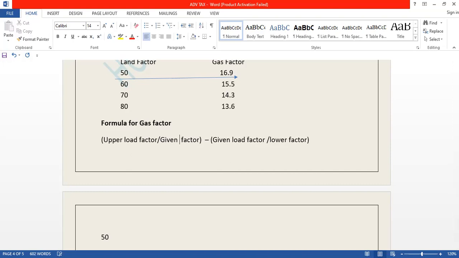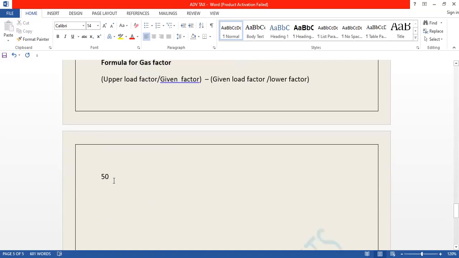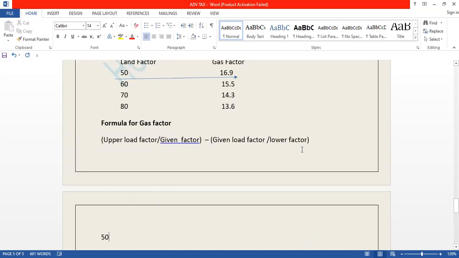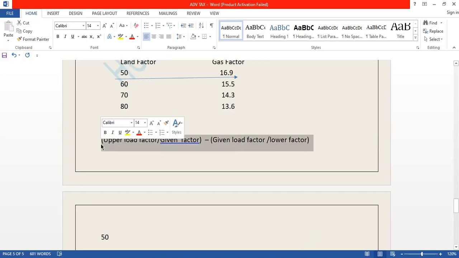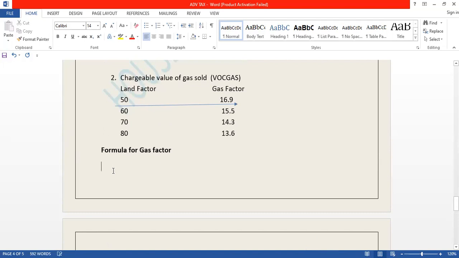The given factor will be 54, right? Yeah, 54. Then we also have another one. It's like this formula is confusing. Let me put it in another way that will make sense and be easier to understand.